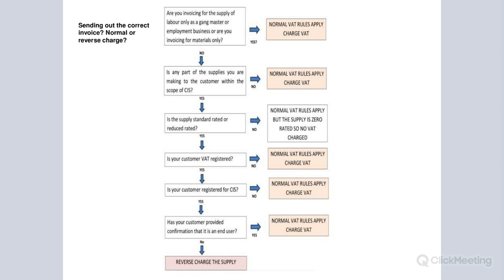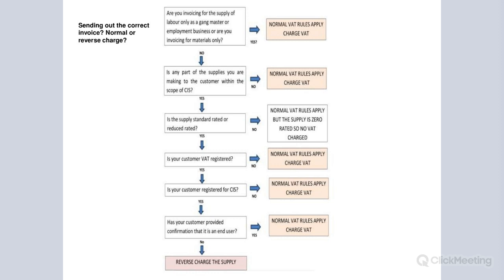In the future, from the 1st of March, actually from now, you are going to always have to ask a customer and keep a record of it and know where it is. Is your customer VAT registered, and is your customer CIS registered? When you are awarded a tender, you will automatically ask that.